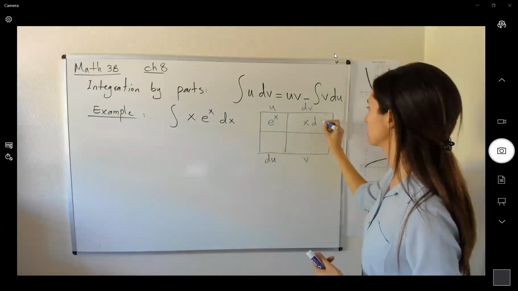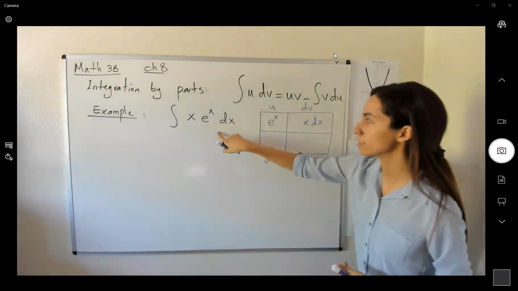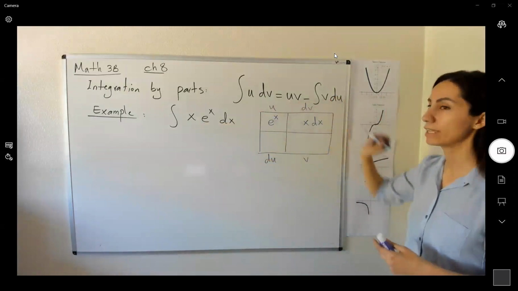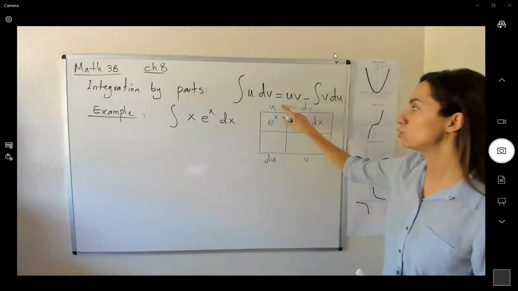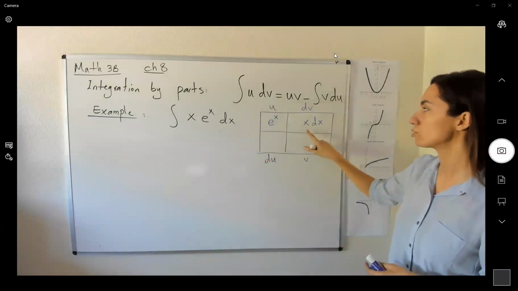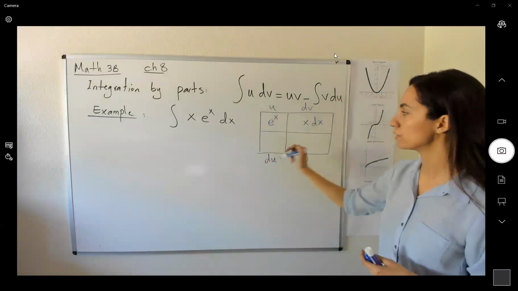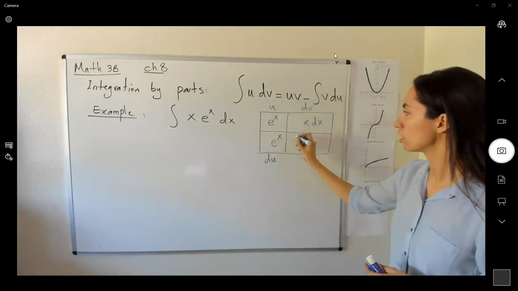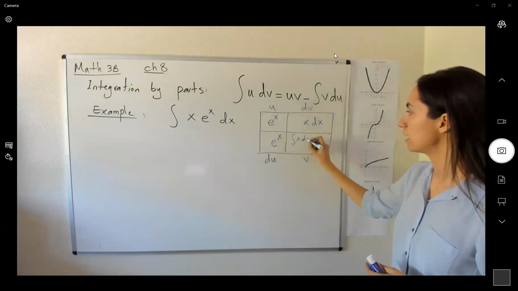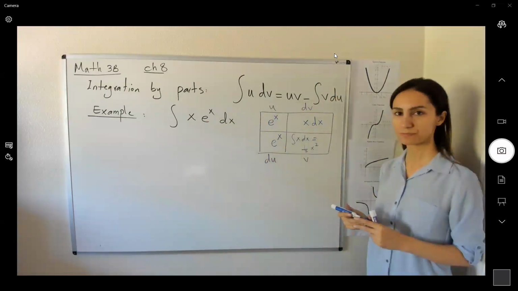I'm trying to see which one is the best. My goal is to break this integral down so that I get a simpler integral. If I take u to be e to the x and dv to be x dx, then my du, the derivative of e to the x, is equal to e to the x, and v, the integral of x dx, is now a half x squared.